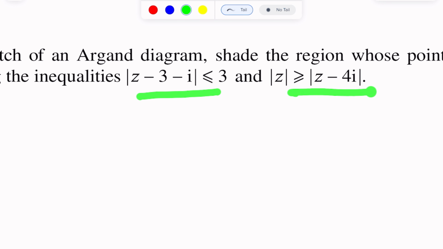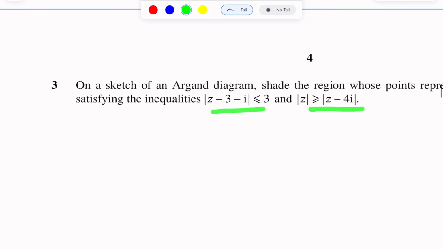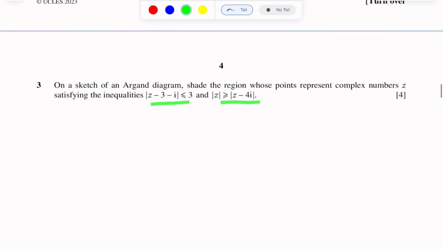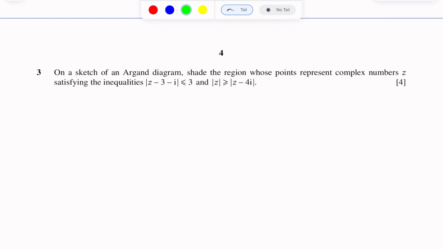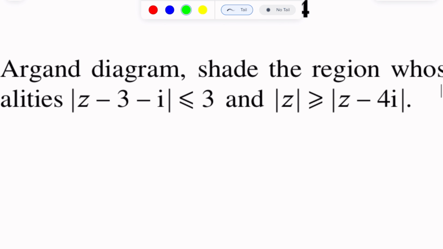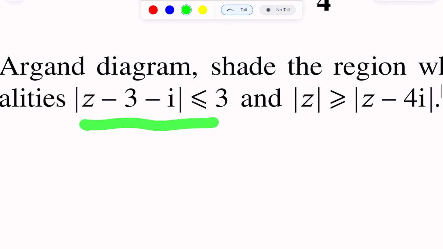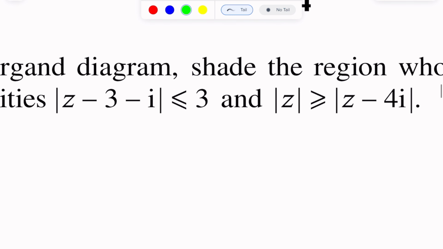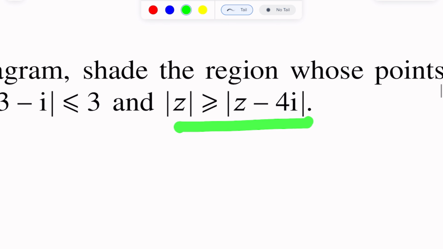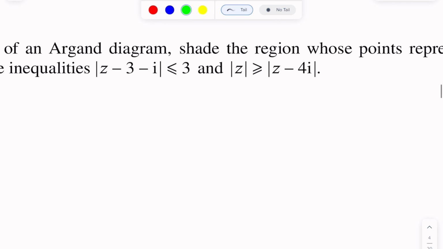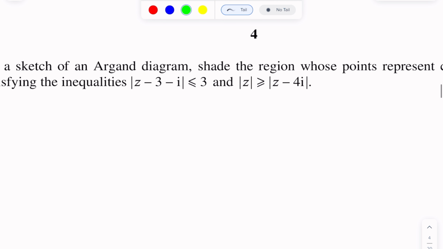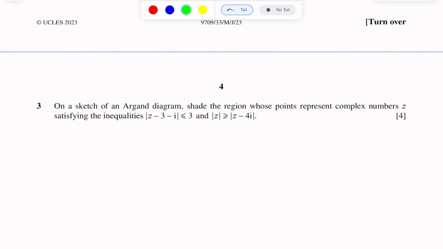These are the inequalities. Now, the first inequality gives us a circle and the second inequality gives us a straight line. The locus for the first inequality will be a circle and the locus of the second inequality will be a straight line.